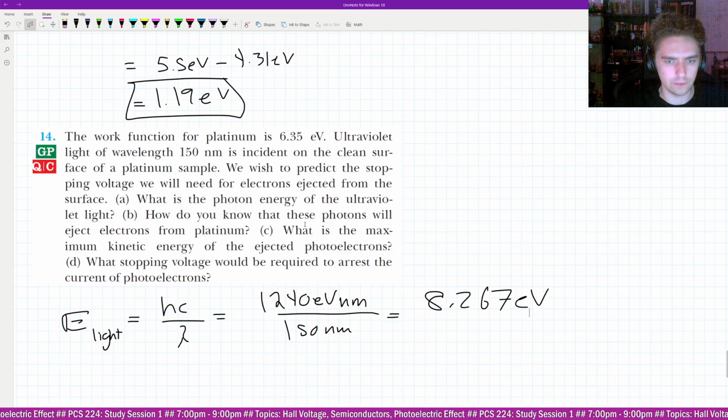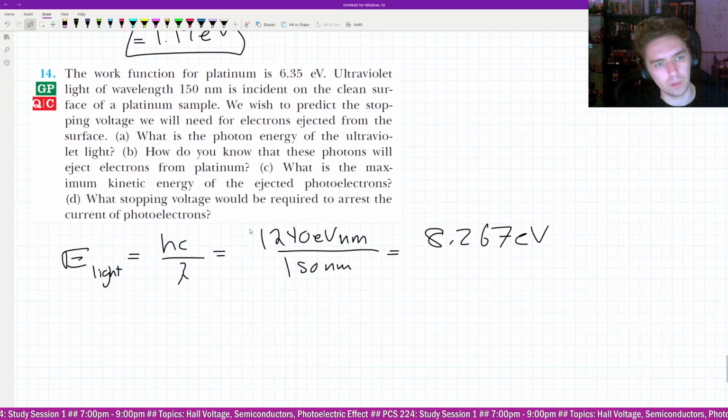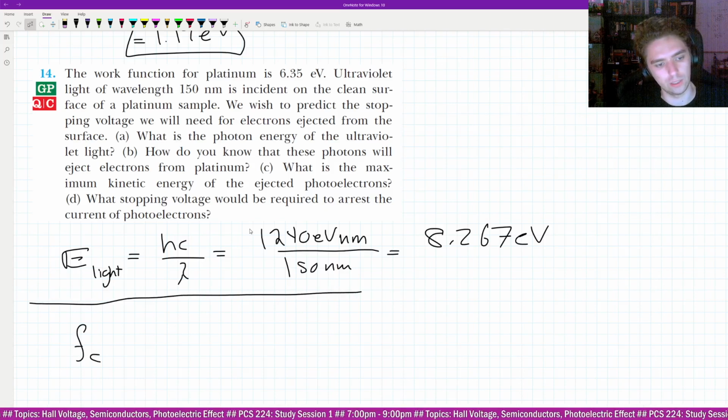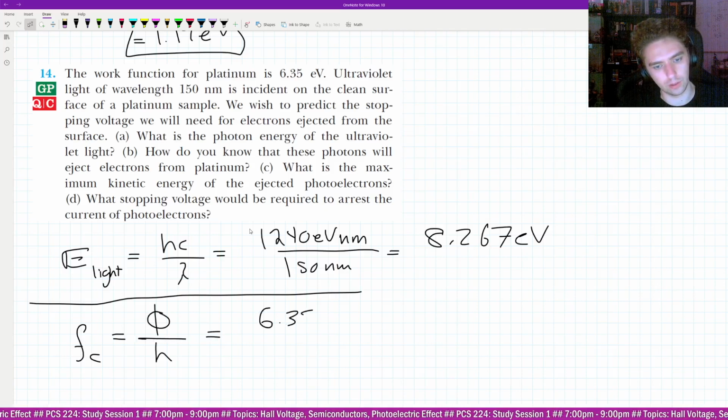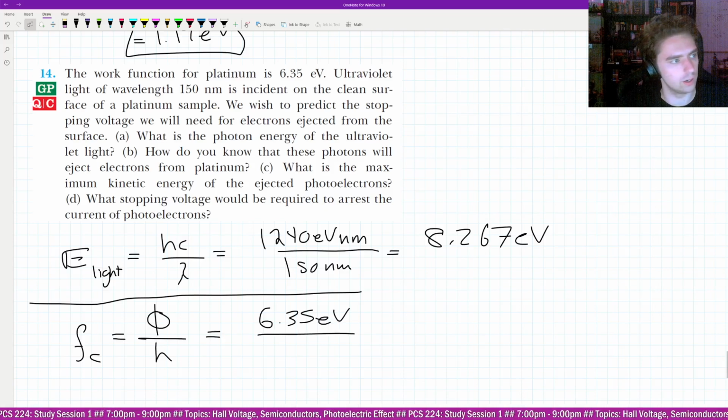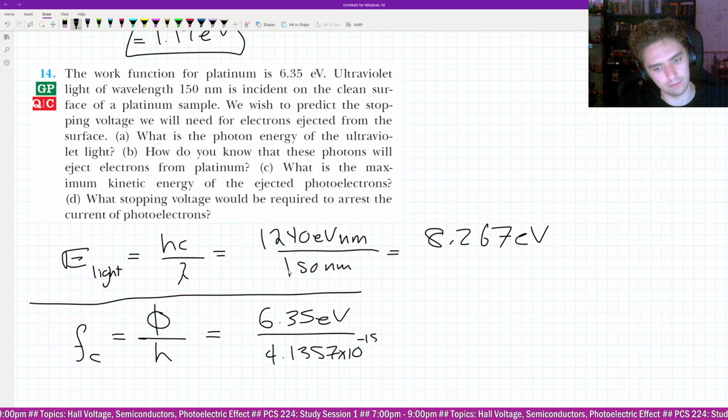How do you know these photons will eject electrons from platinum? Well, we know this because we can check the cutoff frequency, right? So the cutoff frequency is going to be the work function over h. So the work function is 6.35 electron volts over 4.1357 times 10 to the negative 15 electron volt seconds.